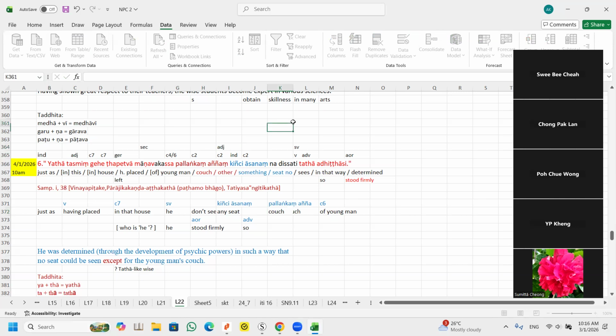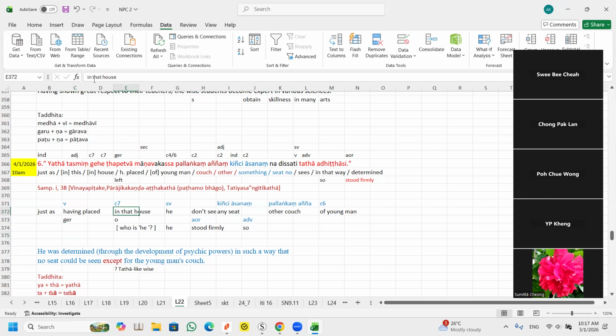So what we do, we start from here, this one, tapetua. That means having place. That means this is a verb. Normally a verb, especially a gerund, will take an object. But for a place, that house is an object.